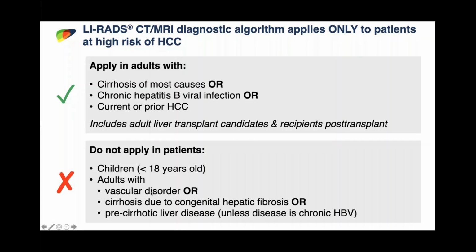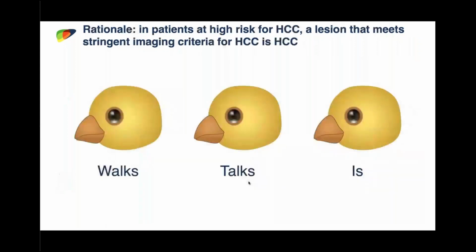Does not apply to adults with cirrhosis due to congenital hepatic fibrosis, and does not apply to adults with pre-cirrhotic liver disease, unless, of course, that disease is chronic hepatitis B. So just to be clear on this, if someone has cirrhosis due to hepatitis C, LI-RADS applies. If someone has cirrhosis due to Budd-Chiari syndrome, LI-RADS does not apply. Do not use the LI-RADS algorithm in that context.